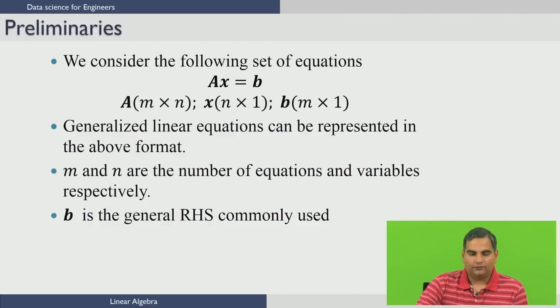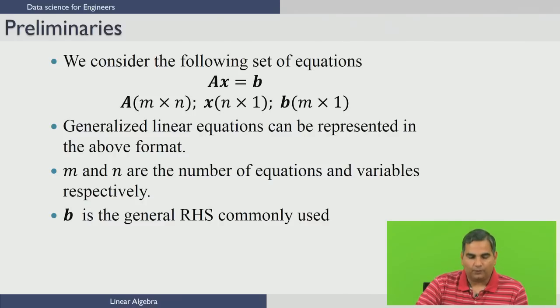Now, if you take each row of this equation, you will have a left hand side and a right hand side, and the left hand side will have terms corresponding to multiplying the first row of A with x, and the right hand side will have the term corresponding to b's. If you take the first row, it will be the first equation and so on.